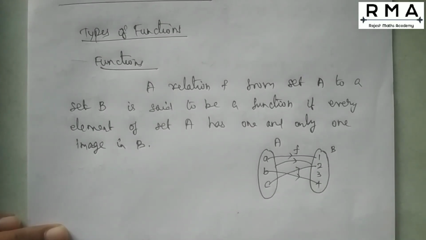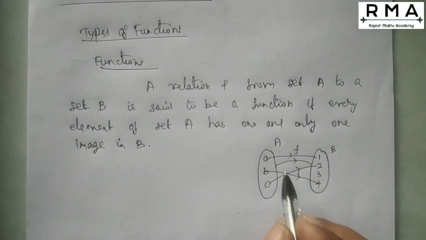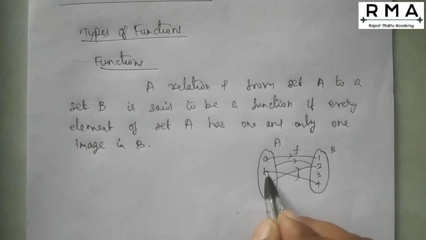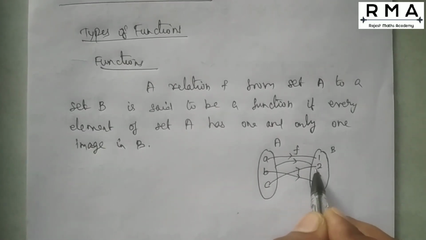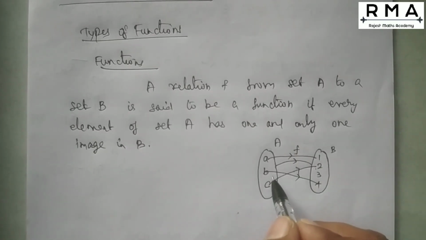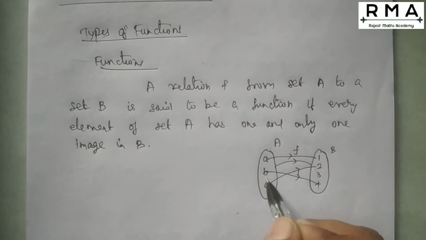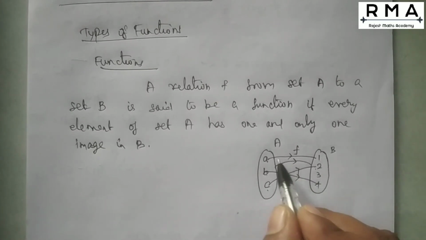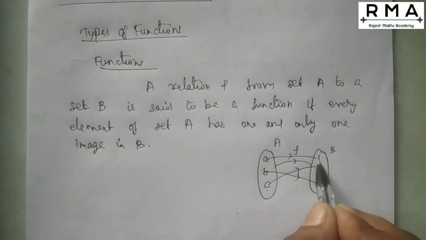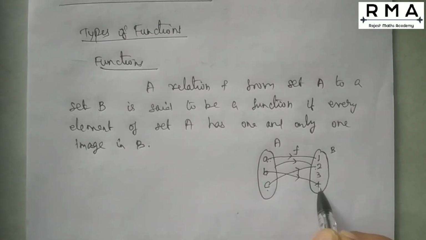So it is a function when every element of A has one and only one image in B. That is, a has image 1, b has image 4, c has image 2.